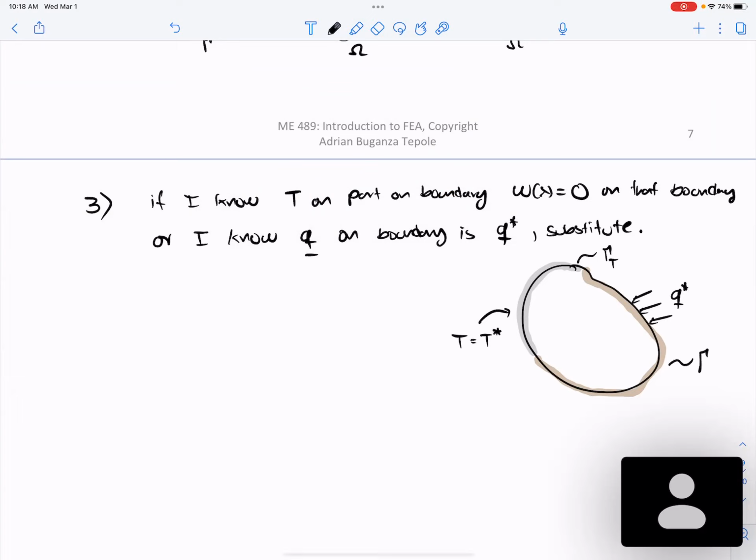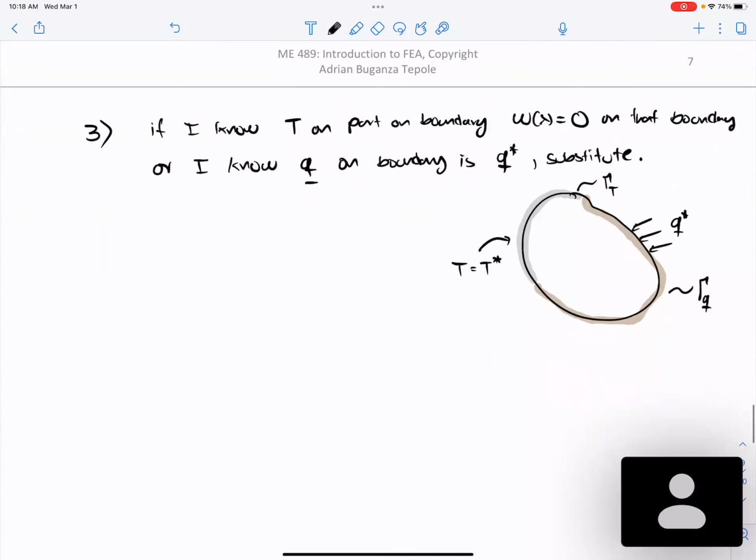That boundary I'm gonna call gamma Q. And similar to the 1D problems, if you don't know a specific flux, then you actually do know the flux and it's just 0. So in this case, I only drew some arrows in some part of the boundary. But if I am not given any information, that means that I actually know the flux is just 0 in the other parts of the boundary. But either you know the flux or you know the temperature.